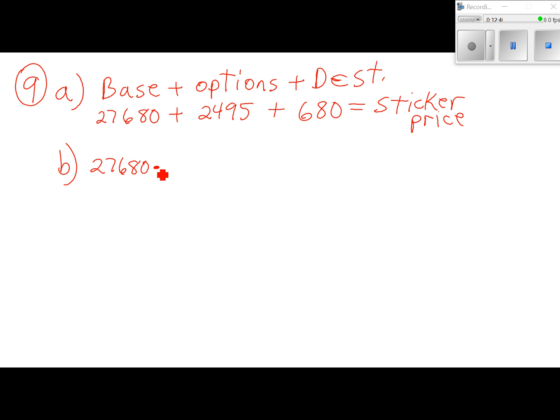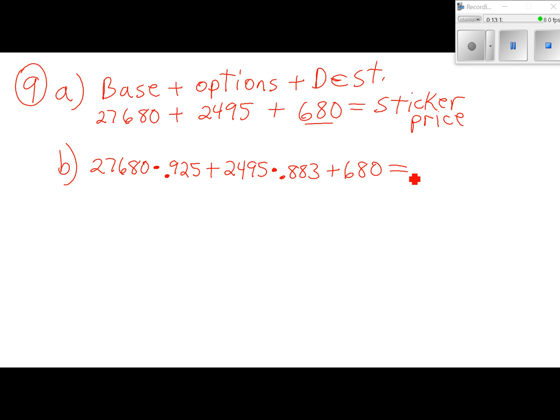We're going to take that times 92.5%, or 0.925, plus the options, which are $2,495, times the percent they told us about the options, 88.3, so 0.883, plus the destination charge, which is right there, 680. You're gonna plug all that into your calculator, and that's gonna give you the dealer cost.